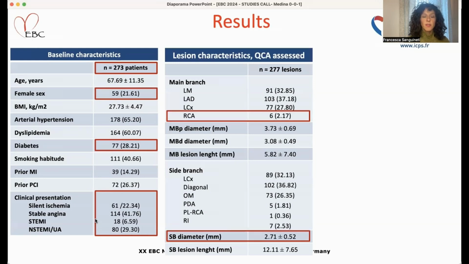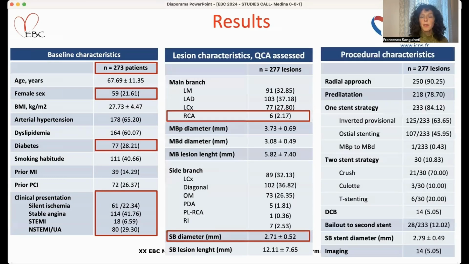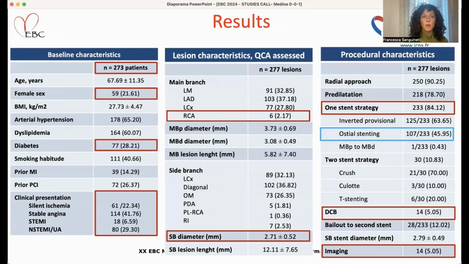Looking at the lesion characteristics, it was particularly less represented at the right coronary artery, and the side branch diameter was quite big. For the procedural characteristics, we could see one stent strategy preferred in most patients, but in half of them, we could appreciate an ostial stenting, which is not considered a real bifurcation technique. The use of DCB, as well as the imaging, was less represented.